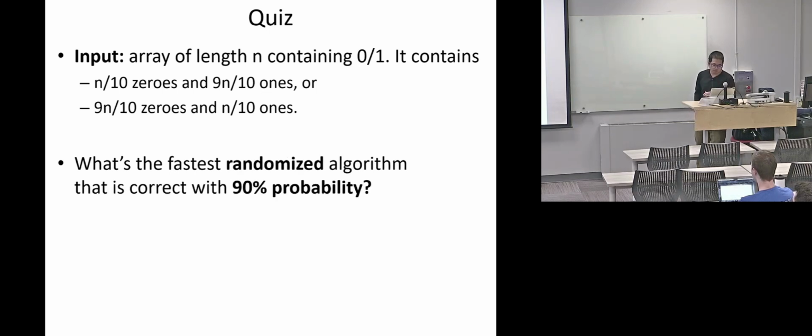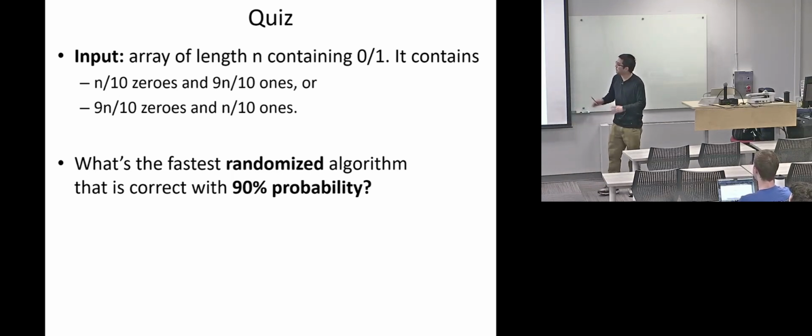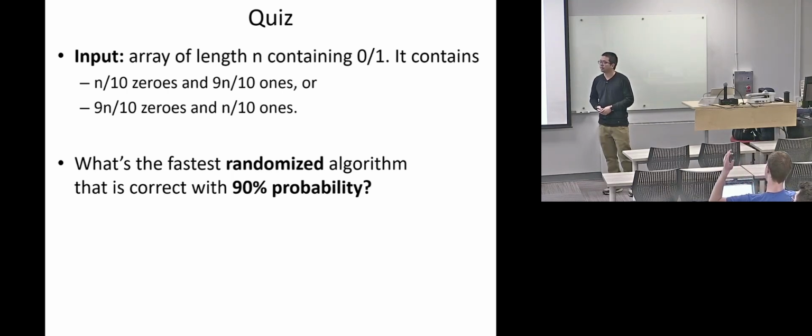Now, what about a randomized algorithm? Let's say I want to be correct with 90% probability. How many queries do I need? If you just take 1 and say whichever one you got is the more common one, you're going to be correct 90% of the time.